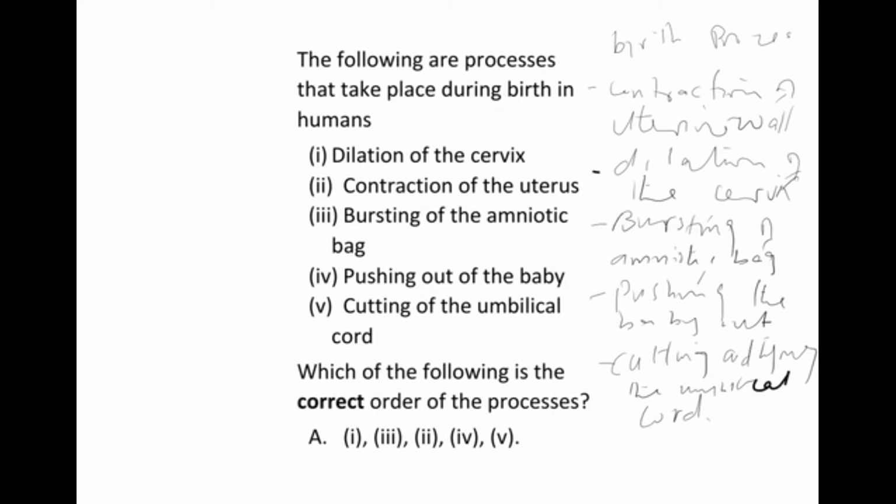So when you look at our choices there, we start with 2 followed by 1, then from there we have 3, from 3 we have 4 and then 5. So we look at our choices. We have 1, which is wrong.